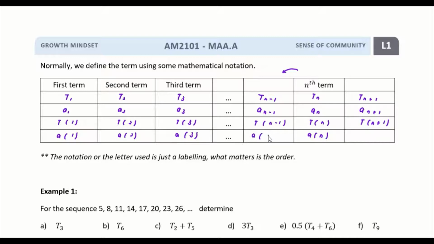An minus 1, and the last one, an plus 1. Yeah, okay. So that's the idea of it. So I hope that you can understand that the n, or the T that we are using, the term here means the term that we have in the sequence, which is not the same thing when we talk about the n. So we're going to look at a simple example here.